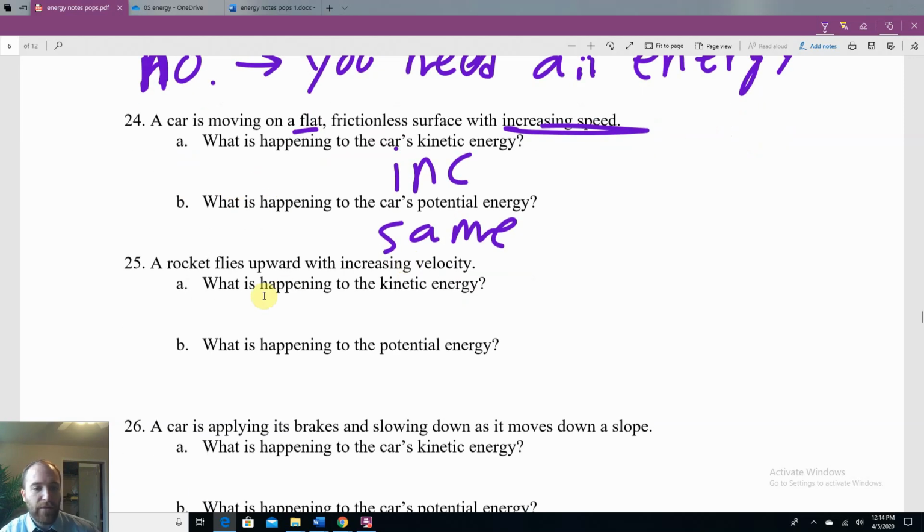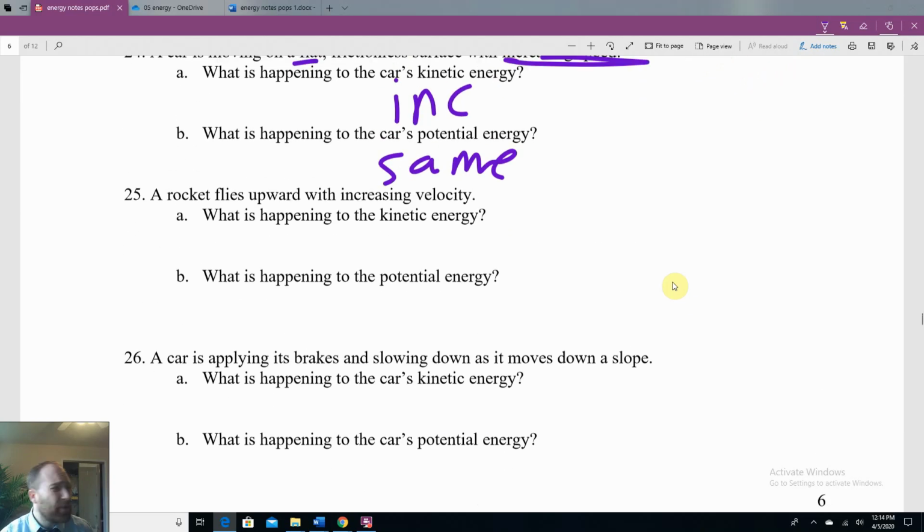25. What is happening to kinetic and what's happening to potential as a rocket flies upward with increasing velocity? I'm hoping you're sort of catching on to this idea at this point, that to figure out the kinetic energy, I'm just interested in the velocity. To figure out the potential energy, I'm just interested in the height. So for the kinetic energy, let's think about what's happening to the velocity, or the speed.